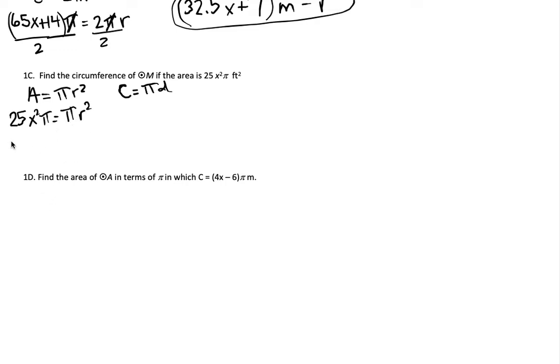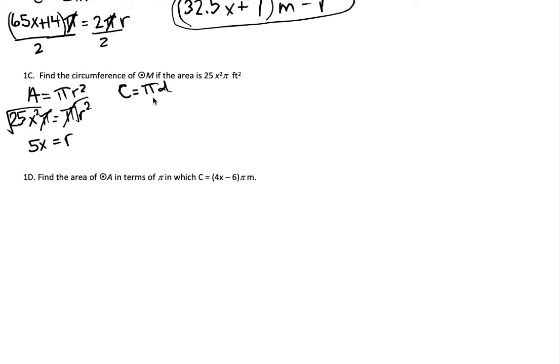Well, I think you can almost see this right away. Let's divide out our pi's, and then we're left with 25x squared equals r squared. Well, to find just r, we need to take the square root. So that leaves me with 5x equals r. Now I know 5x is my radius, so I'm able to solve for my circumference.